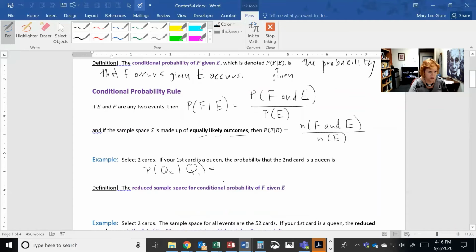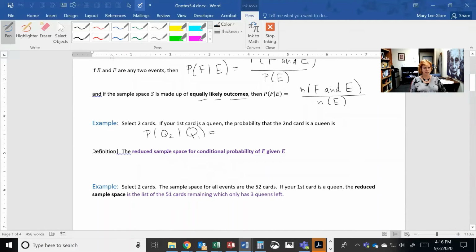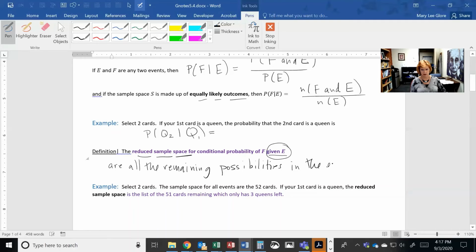Before we do that, let's talk about the reduced sample space for a conditional probability of F given E. Whenever I talk about given E, the reduced sample space is all the remaining possibilities in the experiment where E occurs.